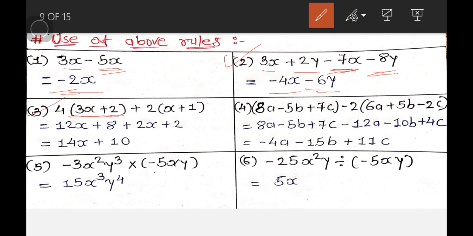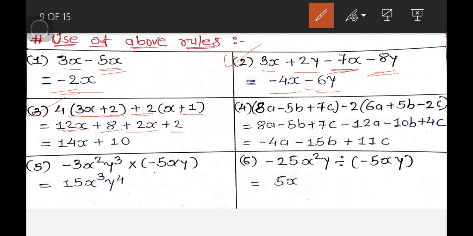So we get 4 into 3x, it is 12x, plus 4 into 2, it gives 8. Now here plus 2 multiplied by x, then it is plus 2x, and plus 2 multiplied by plus 1, then it gives plus 2. Now we do addition and subtraction of similar terms.